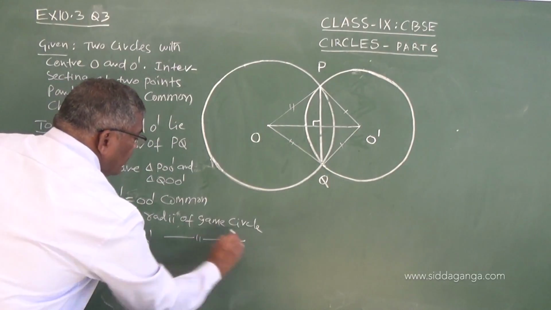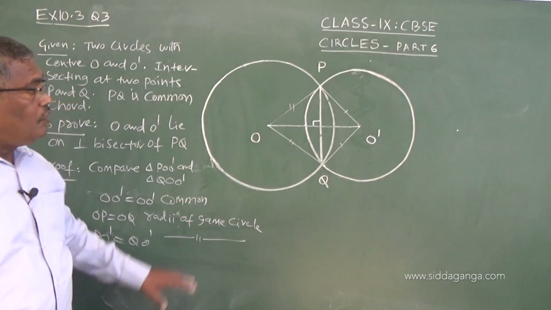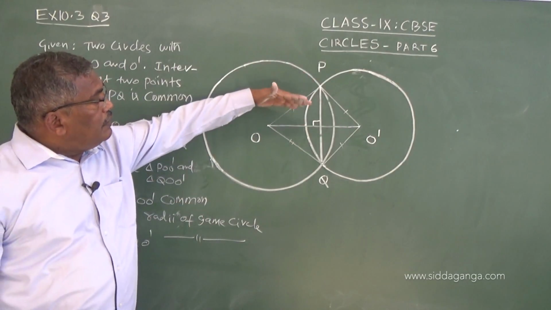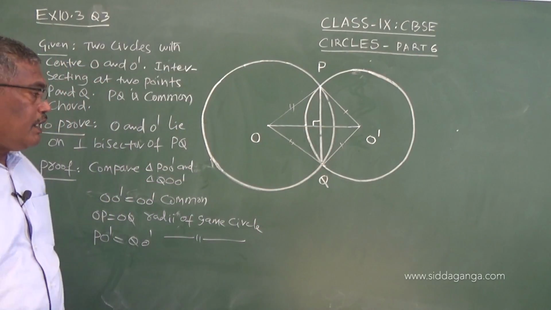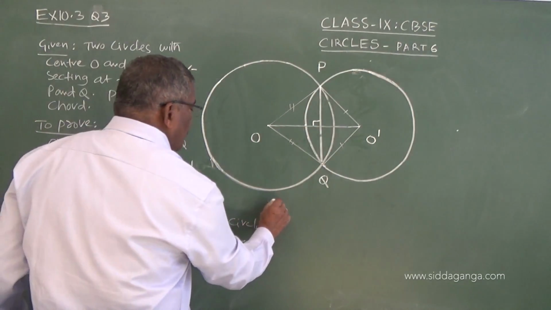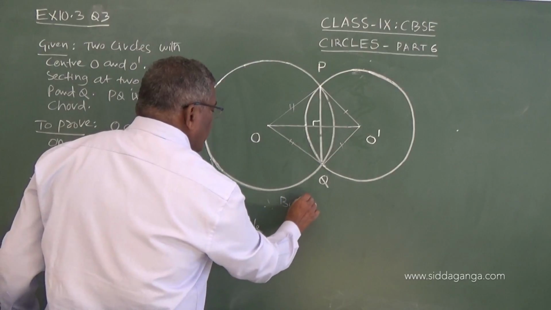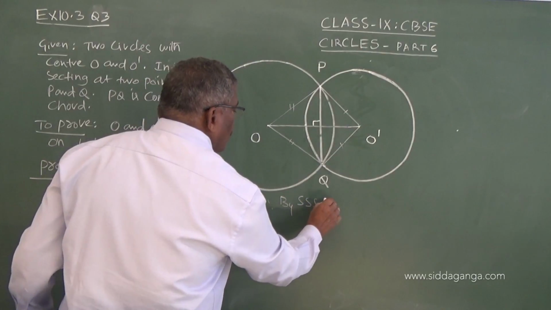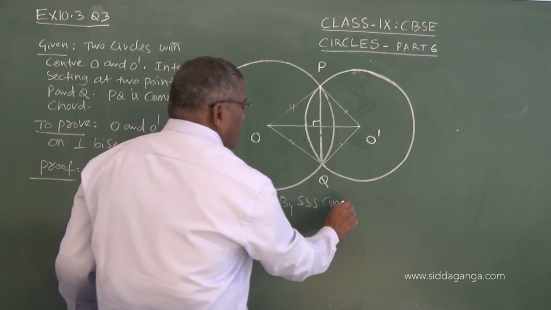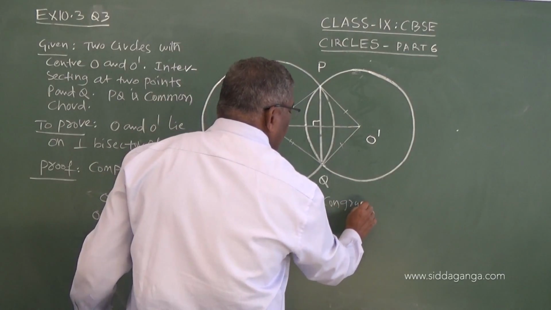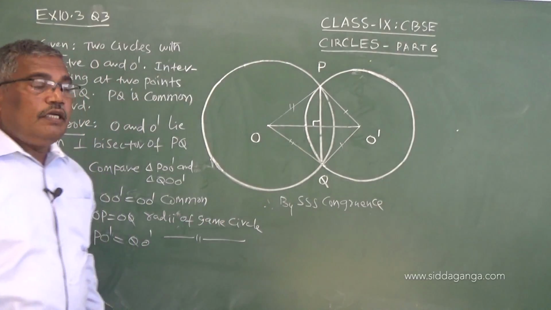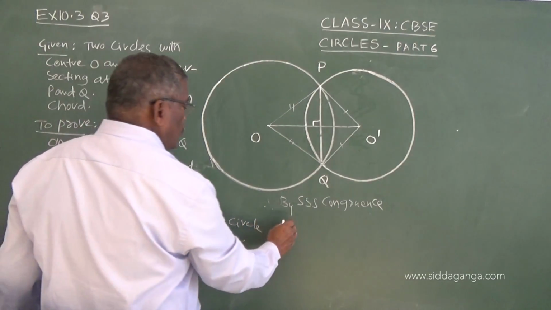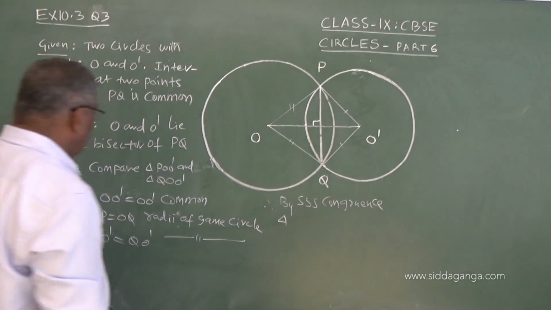They are radii of the same circle. So, 3 sides of the upper triangle are equal to 3 sides of the lower triangle. So, therefore, by SSS congruence, they are congruent triangles.